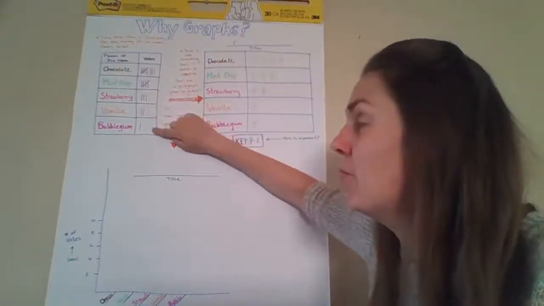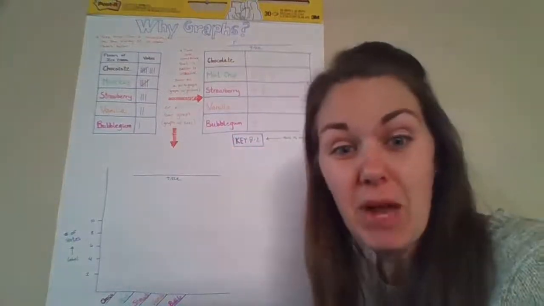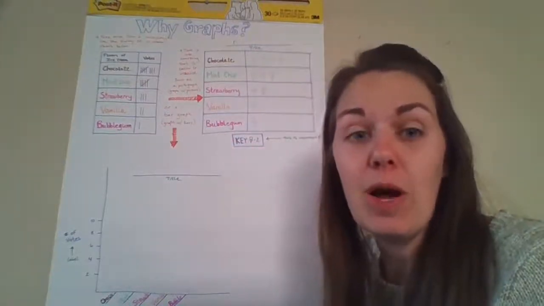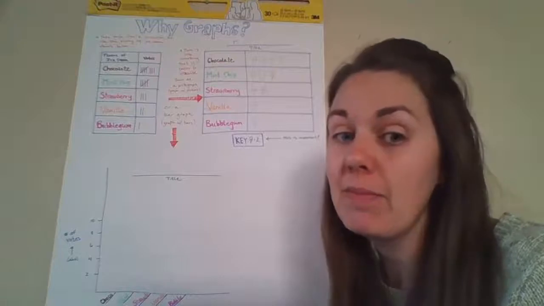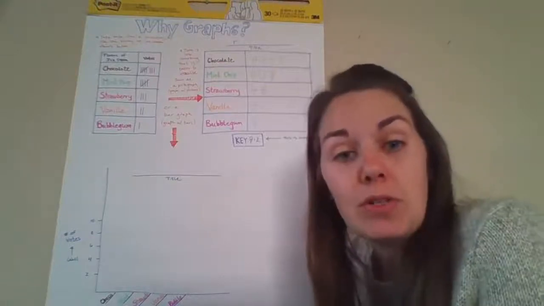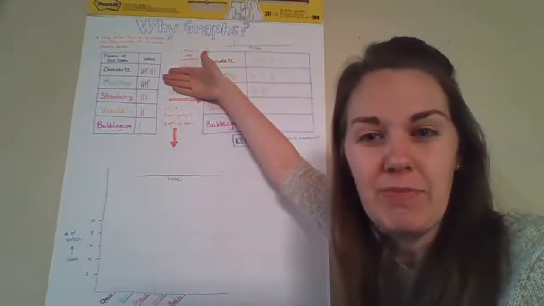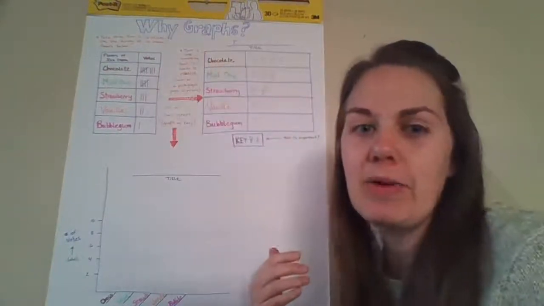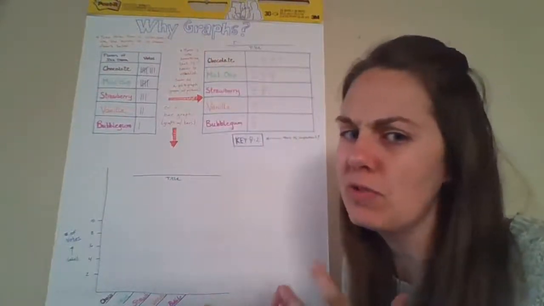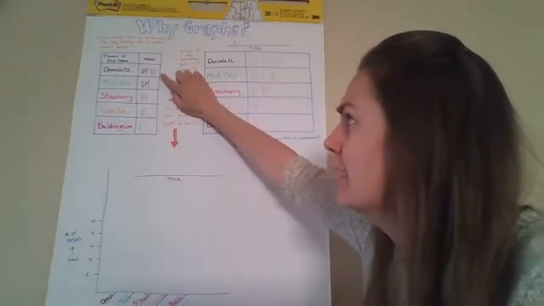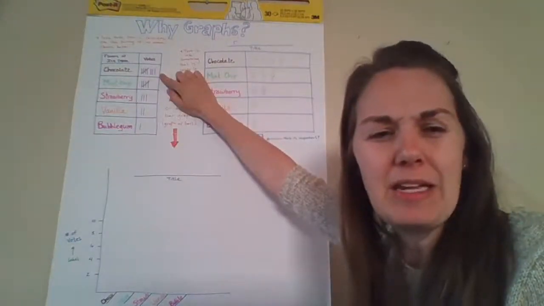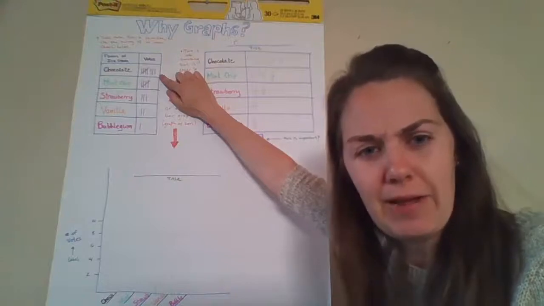But I also have 1, which isn't very much. And I didn't want to go with something like counting by 5s, which would also be nice and easy, but it wouldn't be a very good representation of my data because I would have a lot of strange shapes in there to try to show 8 if each picture represents 5.